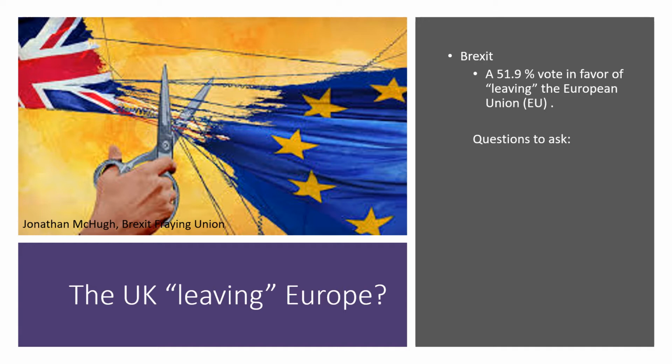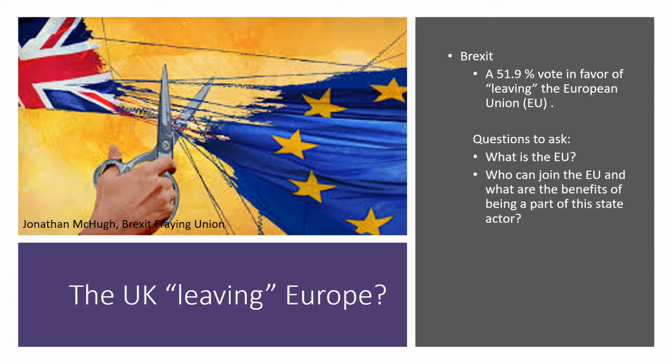So here are some questions to ask, knowing that the UK decided to leave Europe. First of all, what is the European Union? Why was England a part of it? What benefits possibly did it draw?